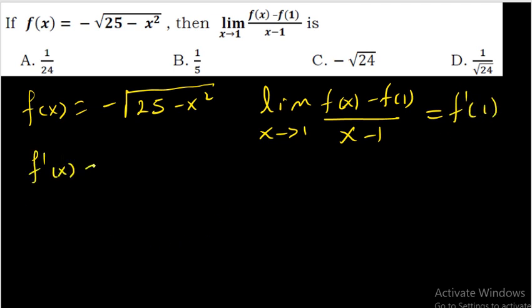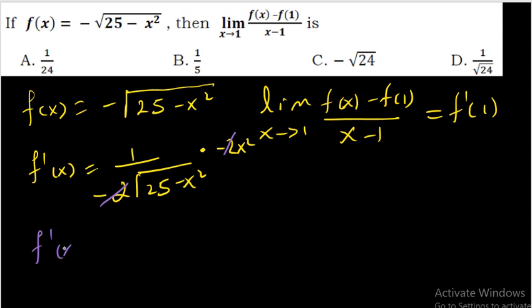What will be the derivative of this function? Since it's a square root, 1 over 2 times square root of 25 minus x squared. Don't forget the negative, I will keep it, times, by chain rule, the inner derivative, negative 2x. Okay, that means I can cancel negative 2 with negative 2, so the derivative f prime of x will be x over square root of 25 minus x squared.